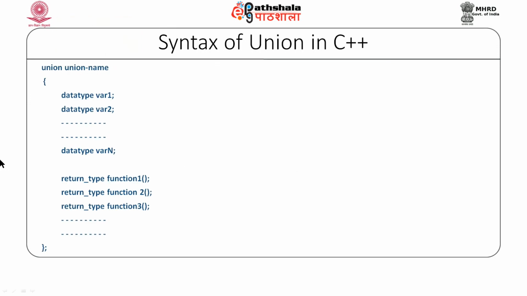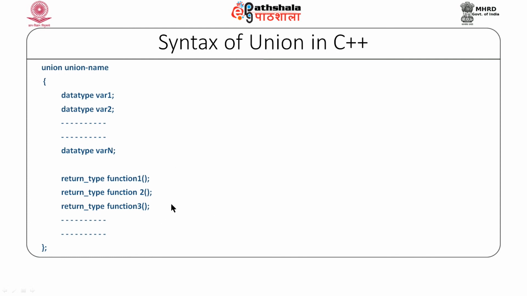The syntax of union is, again we use the union keyword, then we give the name to that particular union, then we define the data members of that union. Now, these data members will share the memory, which means at a time only one of them will get the memory, and in the variable of this union at one time we will be able to store either this data or this data or this data, but all together cannot be stored as we are able to store in the structure.